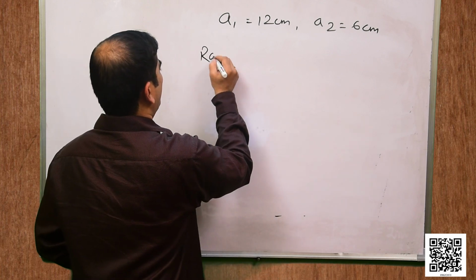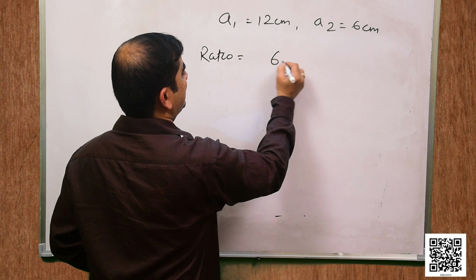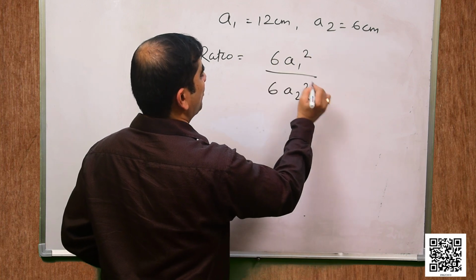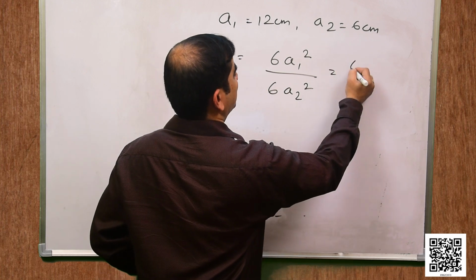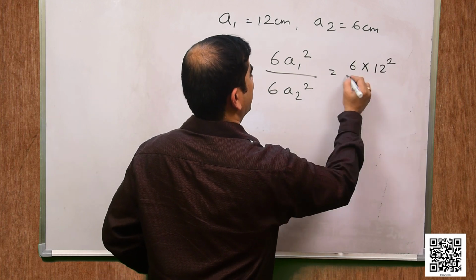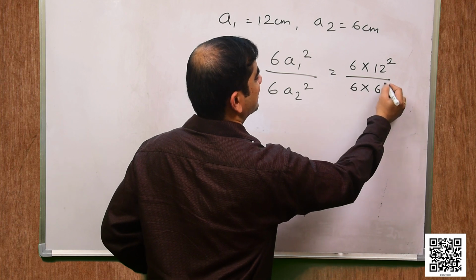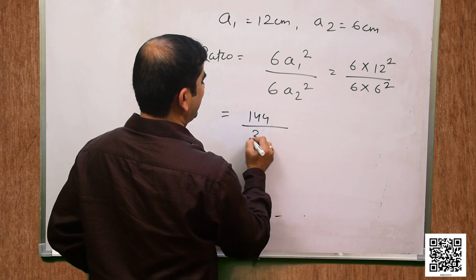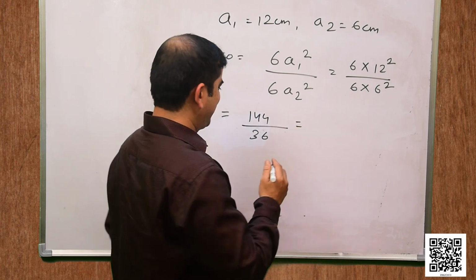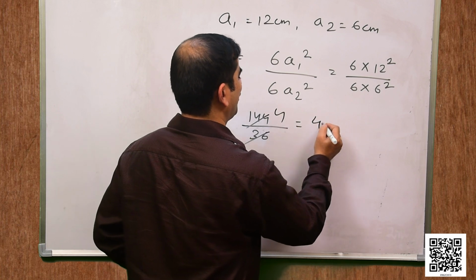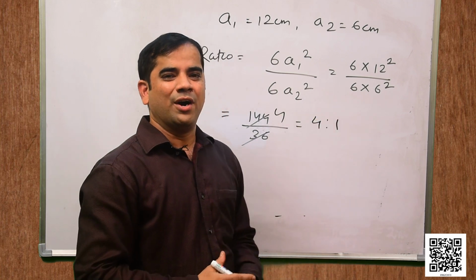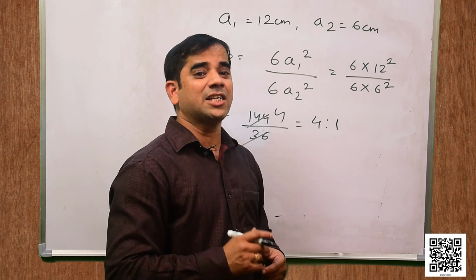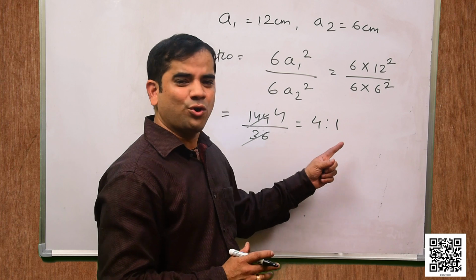That means the ratio is equal to 6A1 square divided by 6A2 square, that is 6 into 12 square divided by 6 into 6 square. That is 144 divided by 36, that is 4:1. So, the ratio of the surface areas of the larger cube and the smaller cube is 4:1.